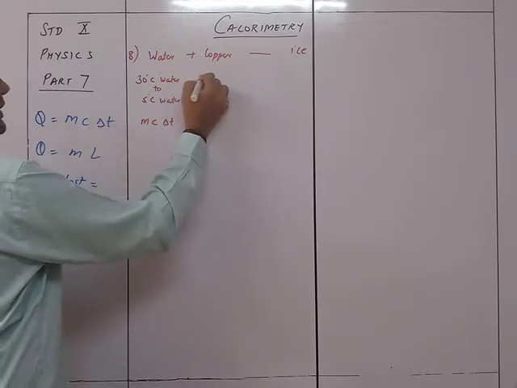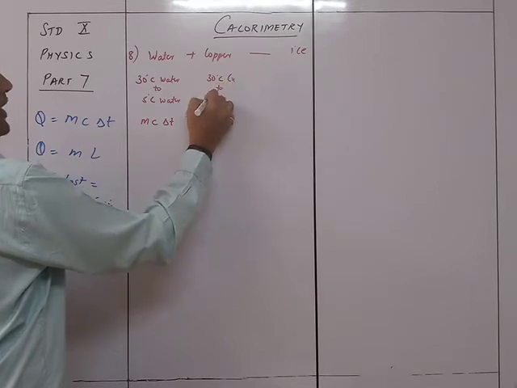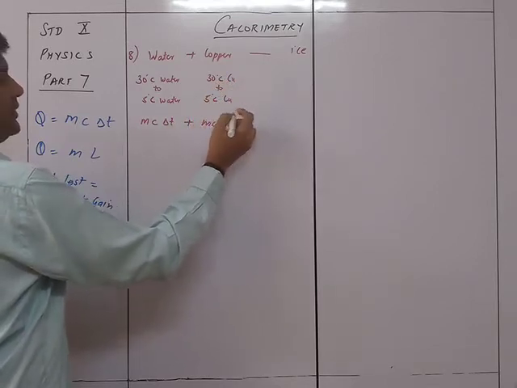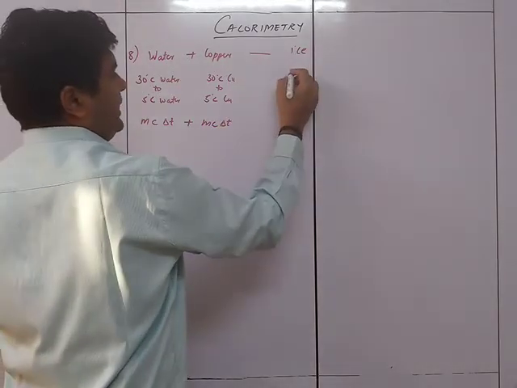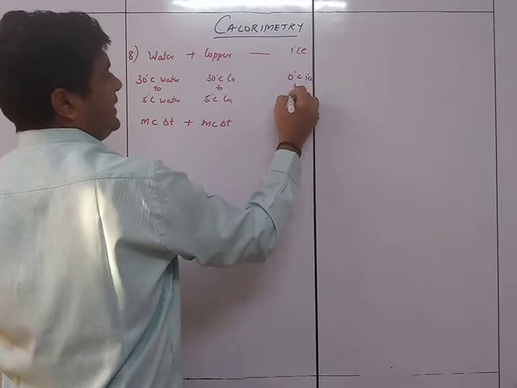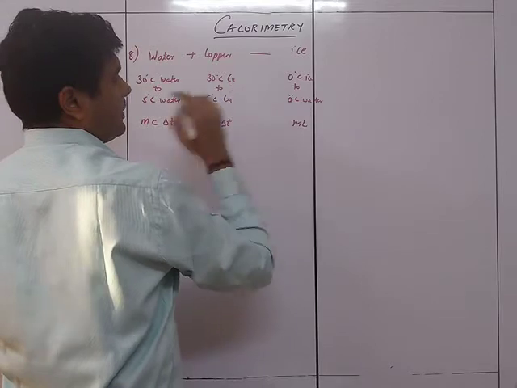Here it will be 30 degrees Celsius copper to 5 degrees Celsius copper, that is again mc delta T. On this side it will be 0 degrees Celsius ice to 0 degrees Celsius water, that will be ml.